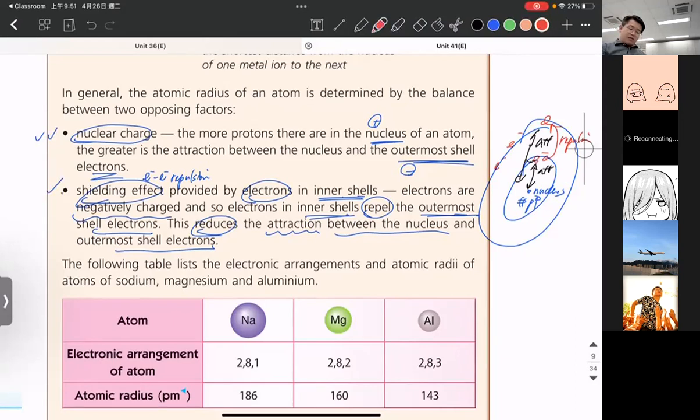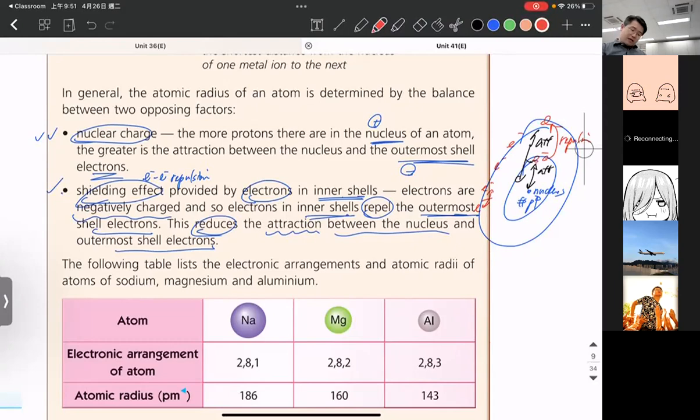Why? Because you are now adding the electrons in the same outermost shell only. So the electron repulsion within the same outermost shell will be less than the one between different shells.